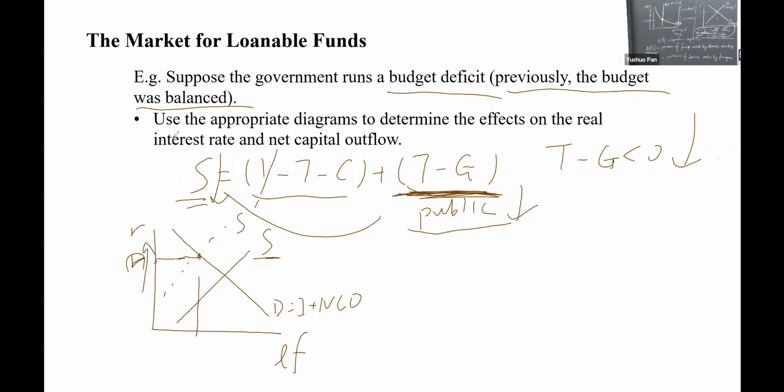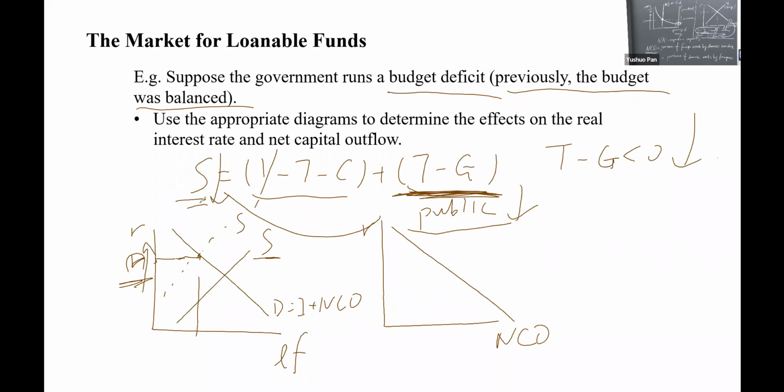And if that happens, use the appropriate diagrams to determine the effects on the real interest rate and the net capital outflow. For this question, will the net capital outflow increase or decrease if the interest rate increases? What we learned in the last slide is that the relationship between the real interest rate and the NCO is negative.